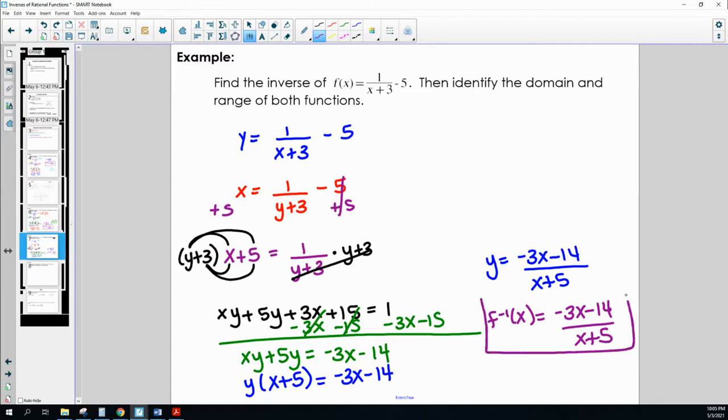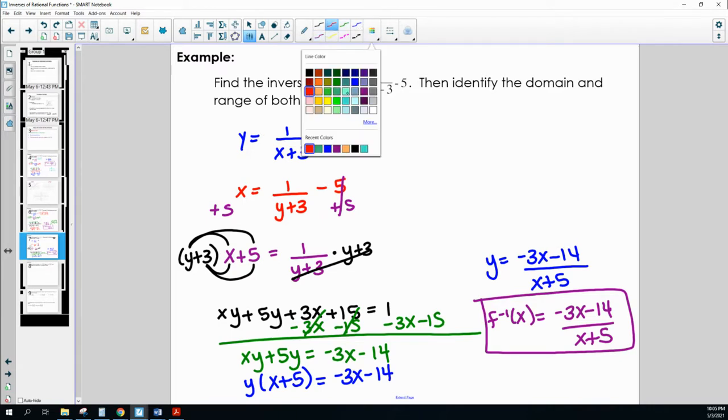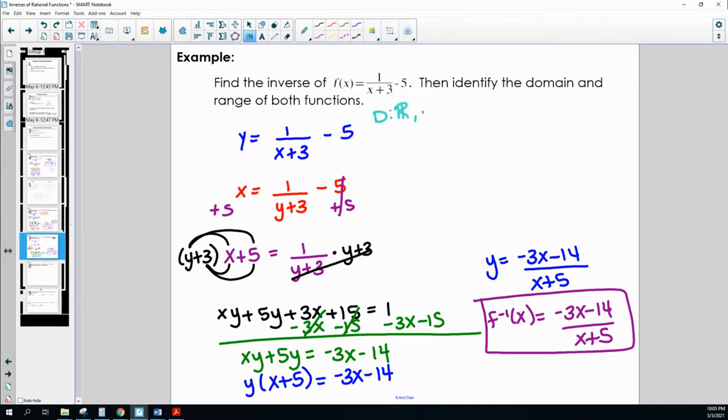Okay. Now here is where it's useful to know how to do the inverse in order to get the range. If we look at the original function and find the domain of the original function, the domain will be all real numbers, except x cannot equal whatever will make the denominator 0, which is negative 3.